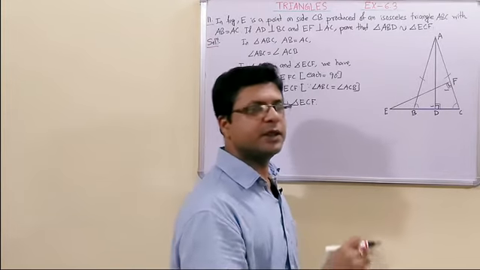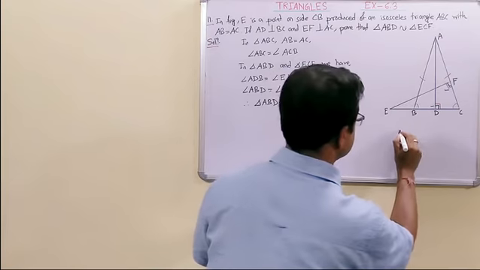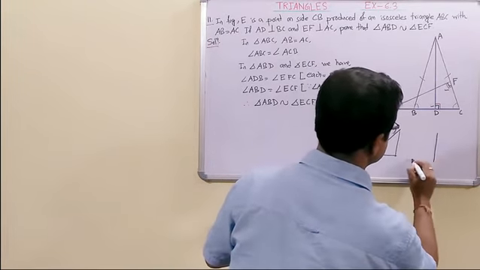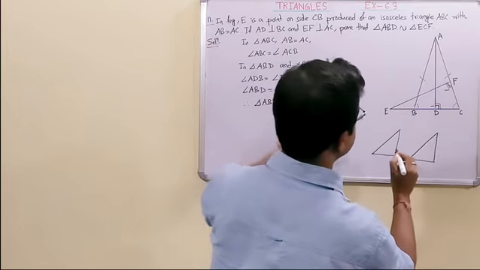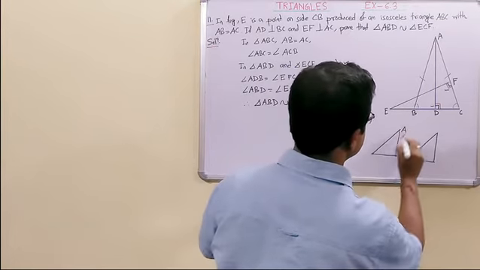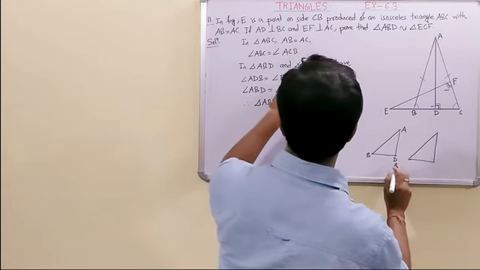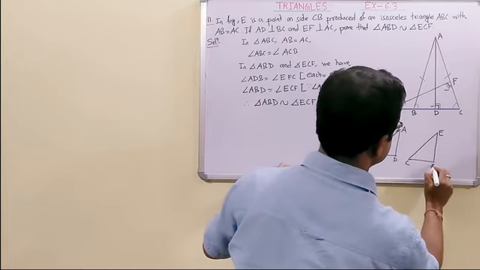Alright, students, if there is a confusion, let us draw the triangles separately. Let us draw two right angle triangles. This is for better understanding. Triangle ABD, angle D is 90 degrees. Then triangle ECF, angle F is 90 degrees.